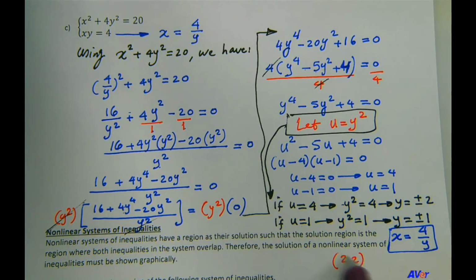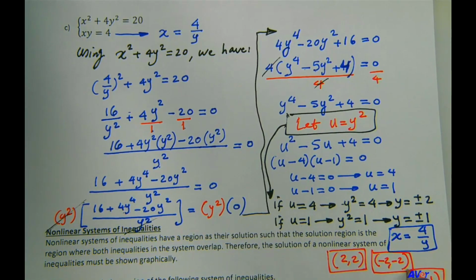So that's one of the solutions. When y equals minus 2, then x equals minus 2 as well. So minus 2 comma minus 2, that's another solution. When y equals plus 1, then x is equal to 4, positive 4 comma 1. That's another solution.